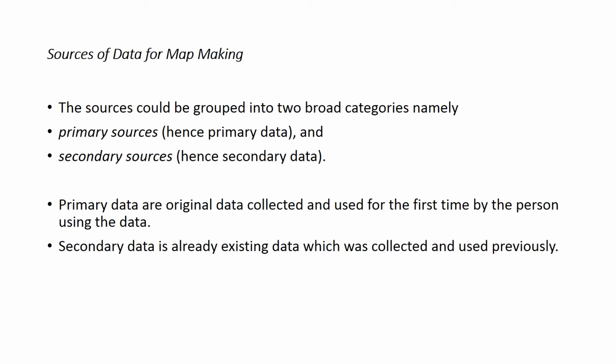Sources of data for mapping, primary and secondary. A researcher that goes out to collect original data by himself or herself is collecting primary data. But if he is using data collected by somebody else and already used, even if it wasn't used by that person, it deserves acknowledgement.